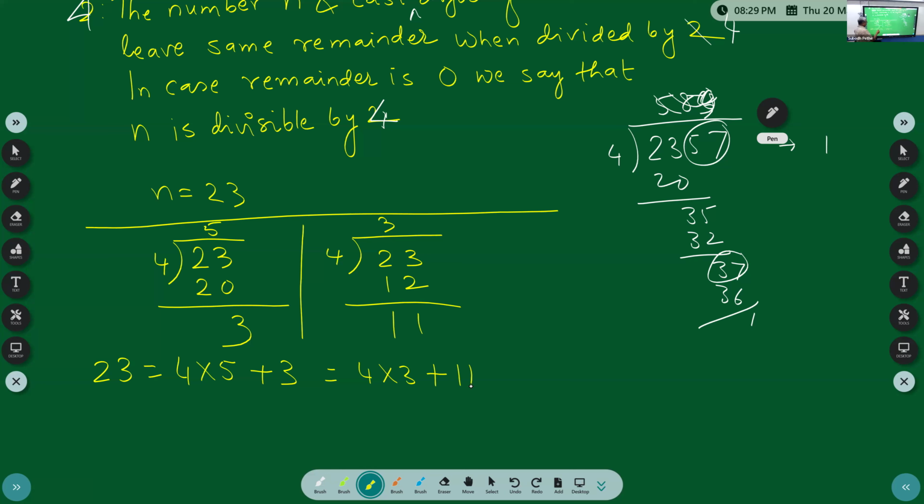So should I call 3 the quotient and 11 the remainder? Or, if I am allowed to use a negative number, I will put 7, and 28 minus 5, so the remainder is minus 5. The statement is 23 is equal to 4 into 7 plus minus 5. All these statements are correct.